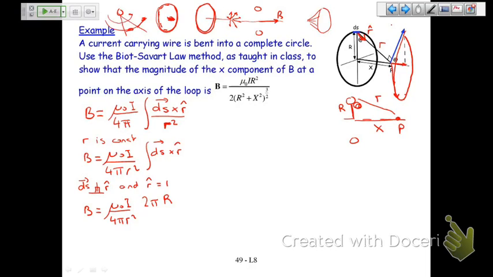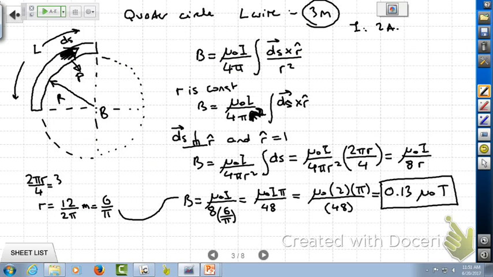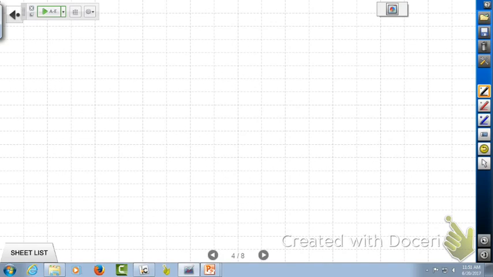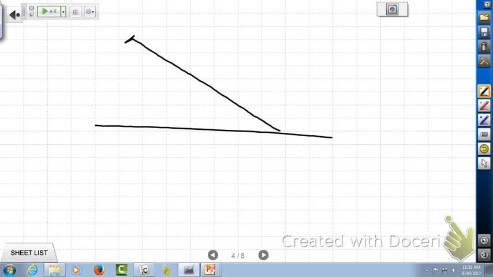If I have, let me draw it on the board. Oh, let's try and draw it bigger on another sheet so you can see it on the video. Let's get another piece of paper. So the idea is, you know, that little element there causes a magnetic field like that. And the little element out here causes a magnetic field like that.